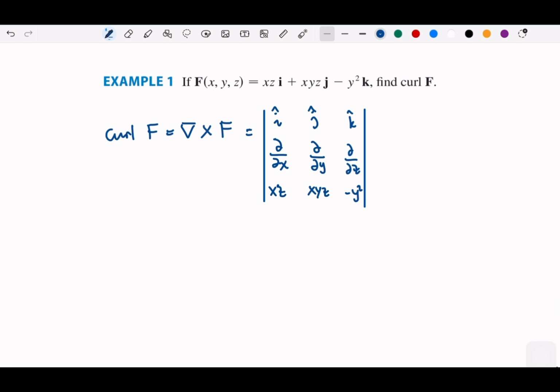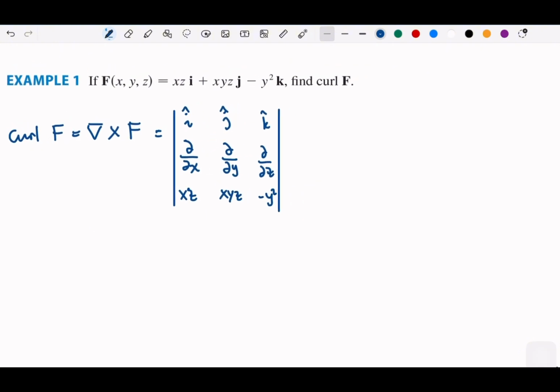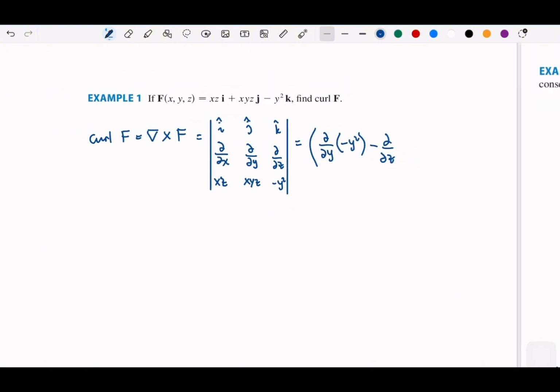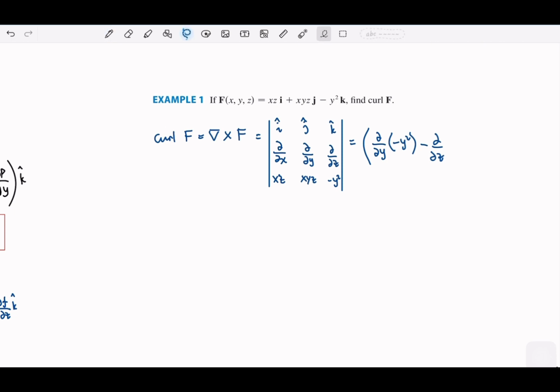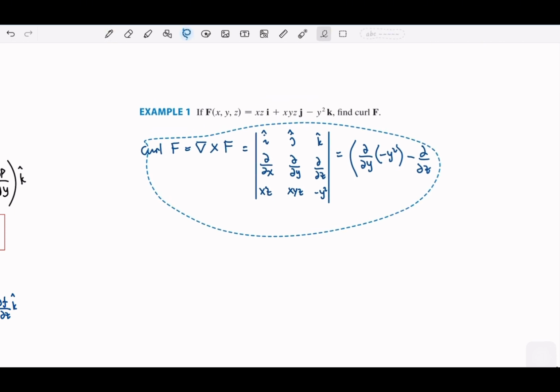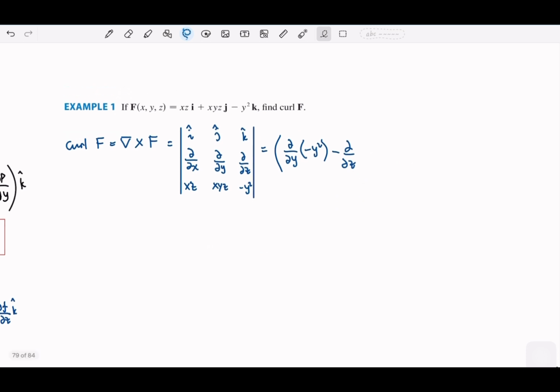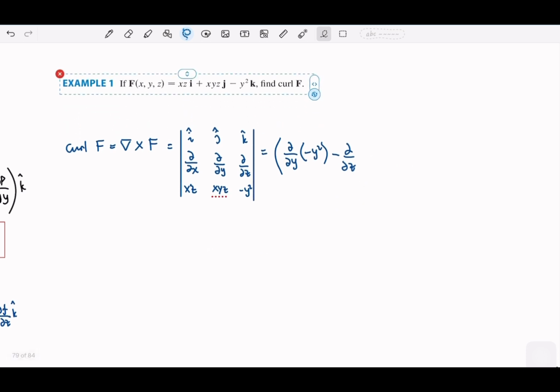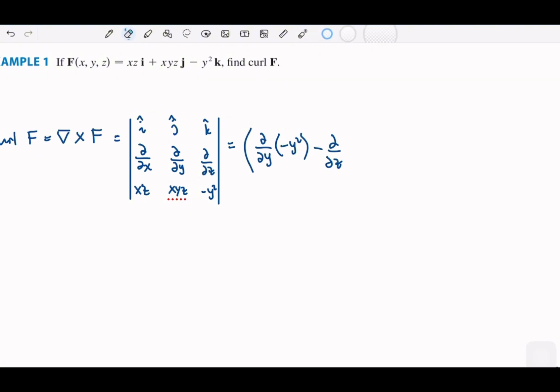Okay. So this will be starting from the x-axis. We have the dou y of the negative y squared minus dou z. Oh, I think I need more space. Okay, hopefully this is enough. So dou z of the xyz.